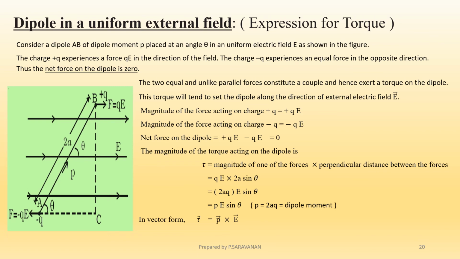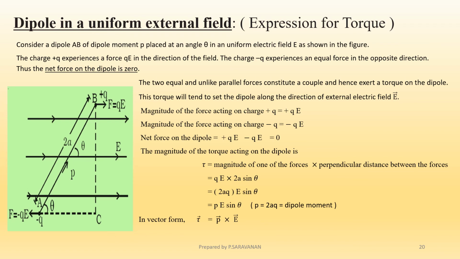So sin theta equals opposite side by hypotenuse. Sin theta is equal to BC divided by AB, or sin theta equals BC divided by 2a, and hence the perpendicular distance BC must be equal to 2a sin theta.